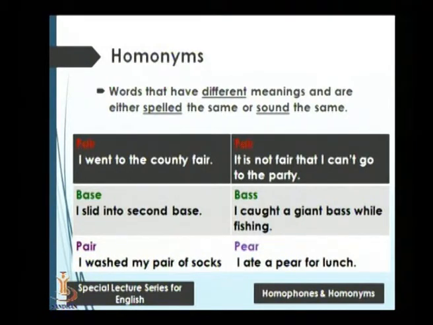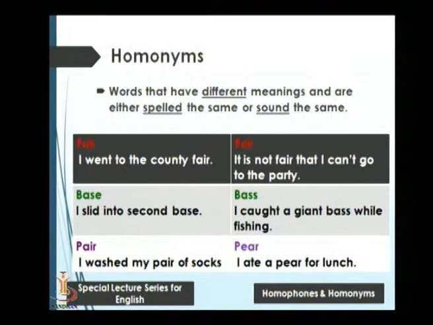Another word is base, B-A-S-E. I slid into second base and I caught a giant bass while fishing. Bass is a specific type of fish.